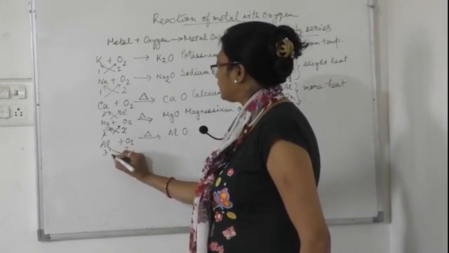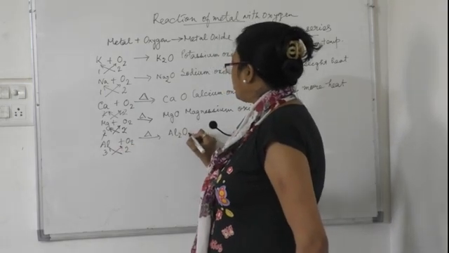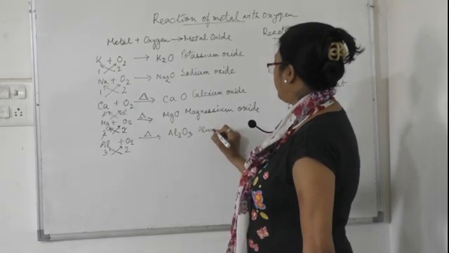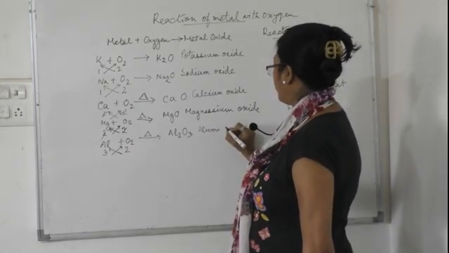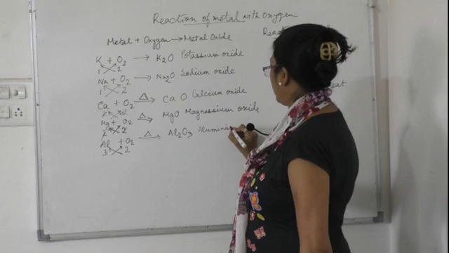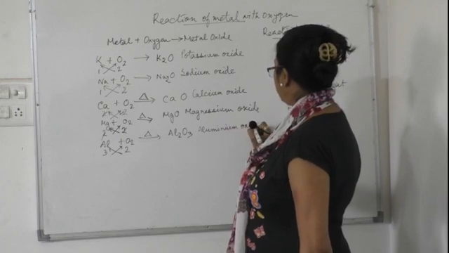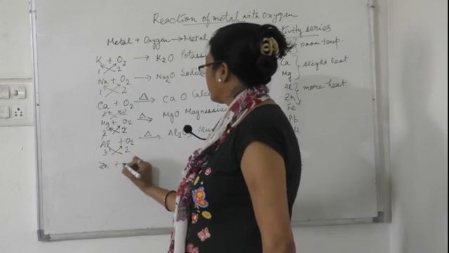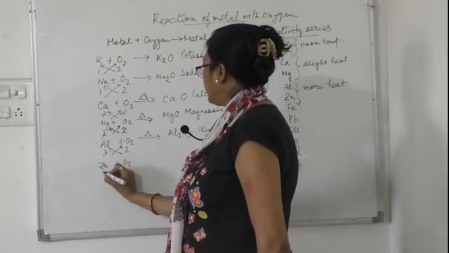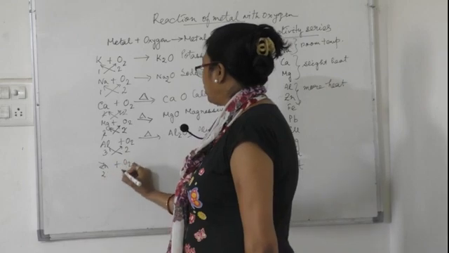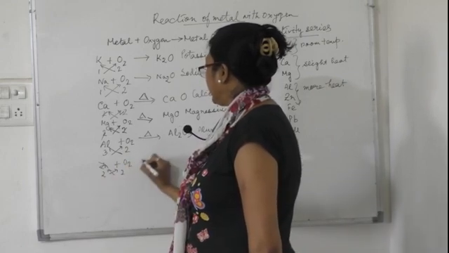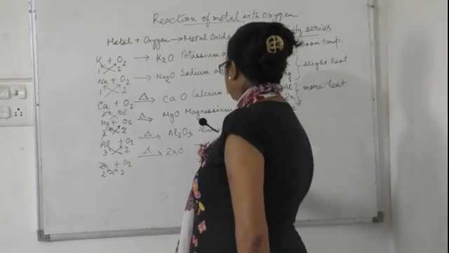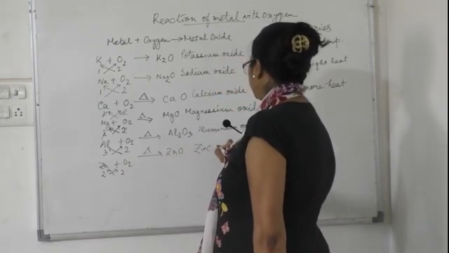Now crisscross, Al2O3, aluminium oxide. And zinc oxide. It also has 2, 2, so cancel, ZnO, zinc oxide.